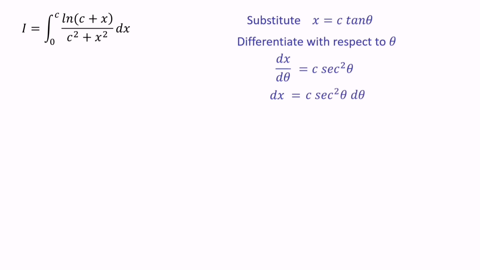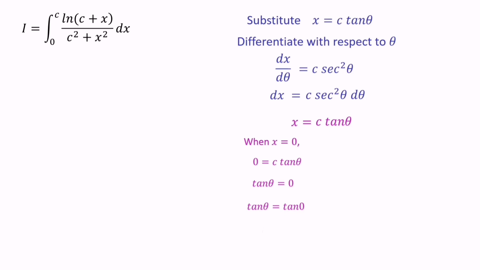Now we need to change the upper limit and lower limit according to the theta variable. First one, lower limit. When x equals 0, 0 equals c tan theta. Tan theta equals 0. Tan theta equals tan 0 because 0 equals tan 0.